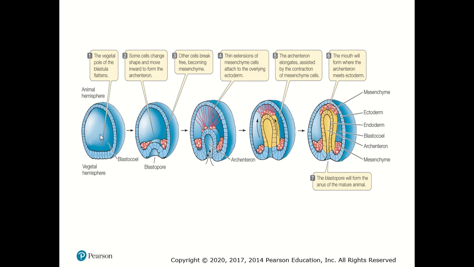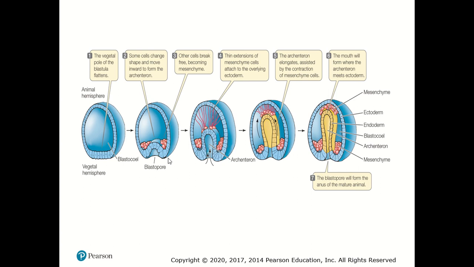First and foremost, we have the vegetal hemisphere here right before we form the blastopore and the gastrula. The blastocele is a fluid-filled cavity inside of this ball of cells. It continues to divide. It forms a blastopore, which is essential to development of different animals.